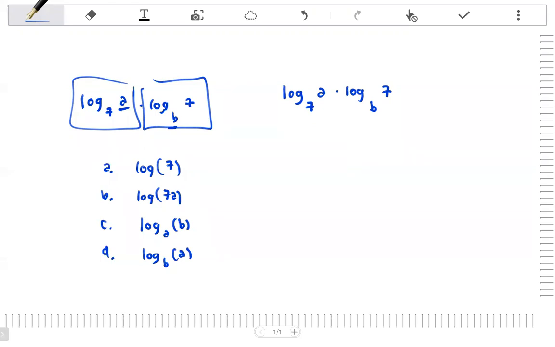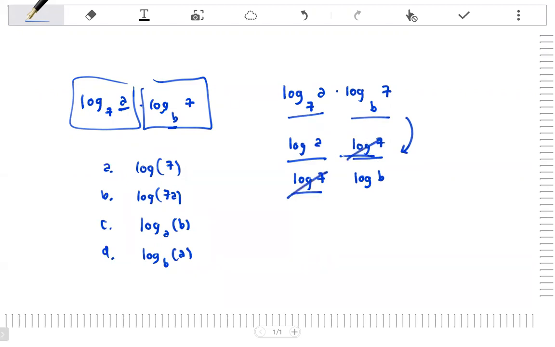Well, we can't really simplify this, so let's use the change of base rule, where we can put log a over log 7 for this part. We can multiply that with, let's use the change of base rule here too, log 7 over log b. Okay, so we rewrote it as 2 fractions now, and we have log 7 and log 7.